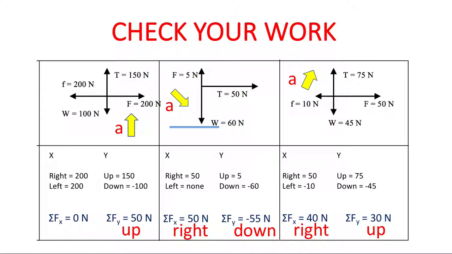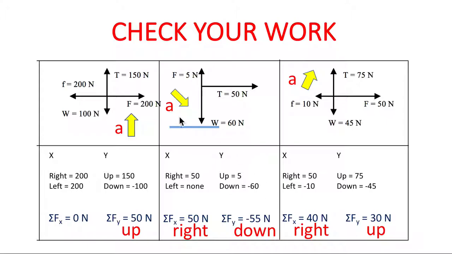Here are the answers. Please take a moment to check your work and correct any mistakes that you made. In the first example, the x dimension is 0 and the y dimension is 50, which means our acceleration vector points in the upward direction. In the next example, the x dimension is 50 and the y dimension is negative 55.